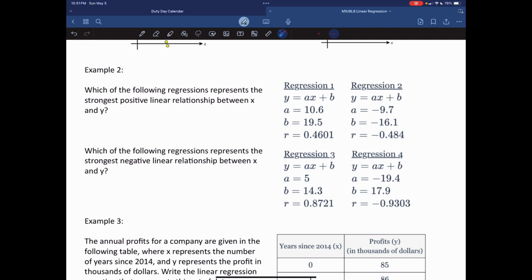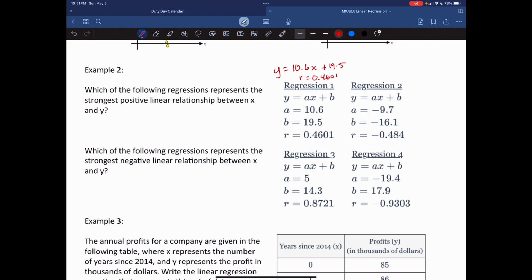Our equation for regression 1 would be y equals 10.6x plus 19.5, and our r number is going to be 0.4601. Obviously remember our numbers are going to be between -1 and 1. Anything less than 0.8, I would say is not a strong relationship. So this would be an example of a weak positive relationship.